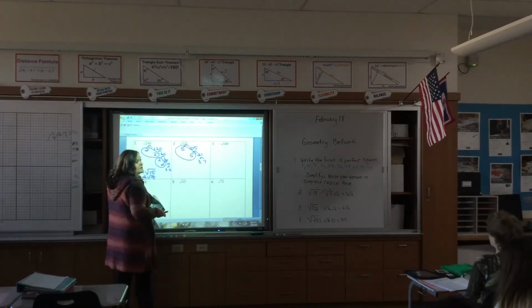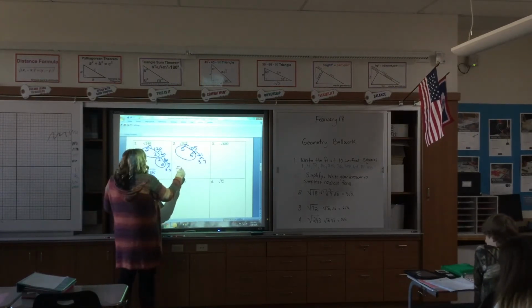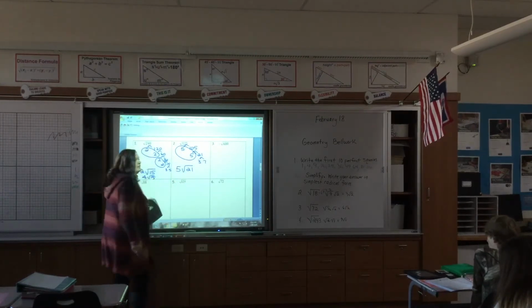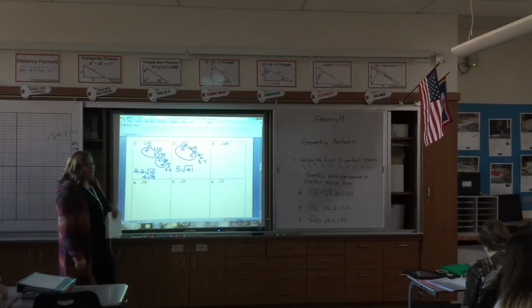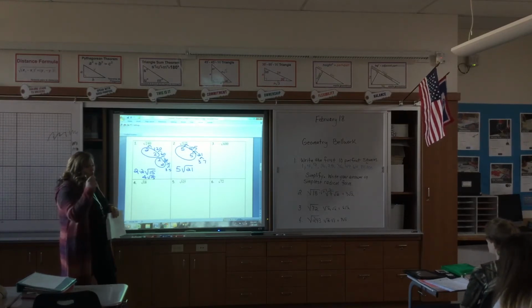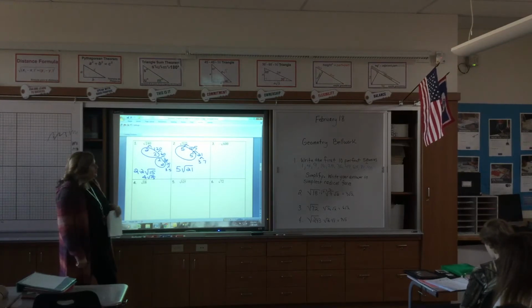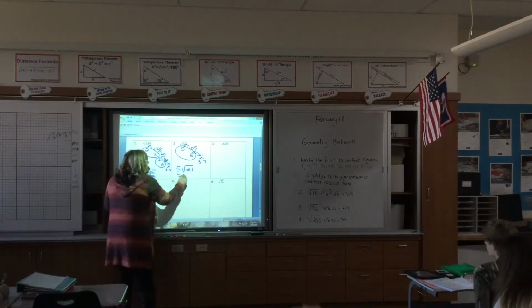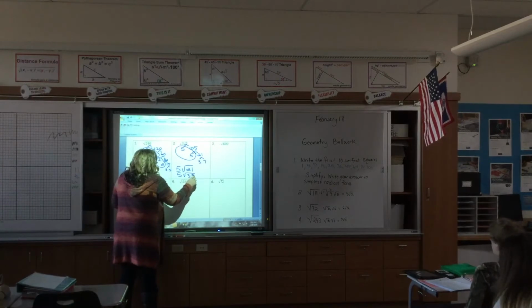Okay, if I do a factor tree, what is 525 divided by 5? I started with 5 because there's a 5 there. I'm not going to start by 2 because 2 doesn't go into 525. What is it, 105? Okay, and if I divide that by 5, what do I get? Okay, and that's 3 and 7.